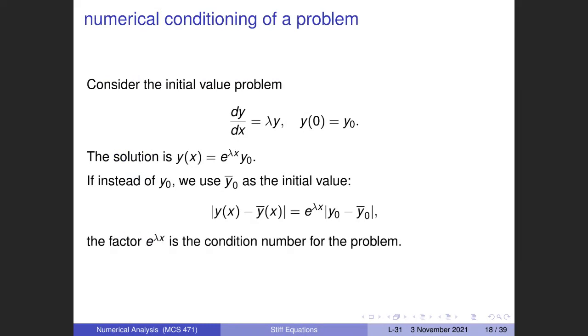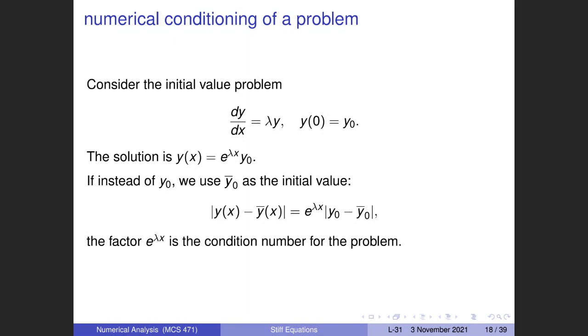Let's now look at the problem of the conditioning again. So we will consider an initial value problem. So we defined the numerical conditioning of the problem as the sensitivity to the initial condition.